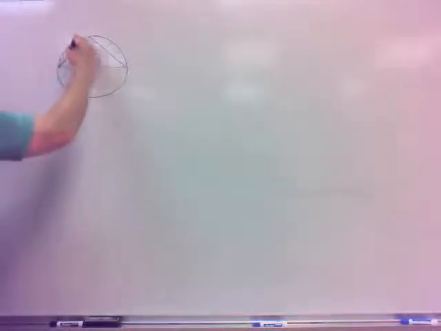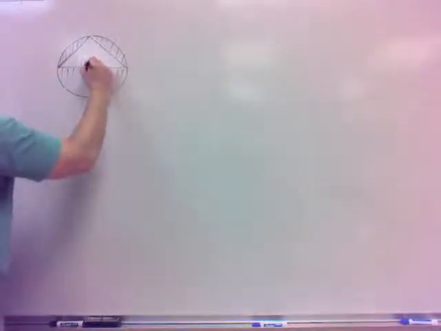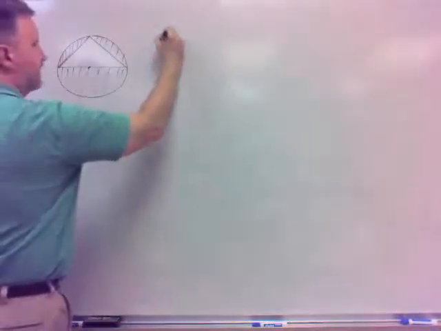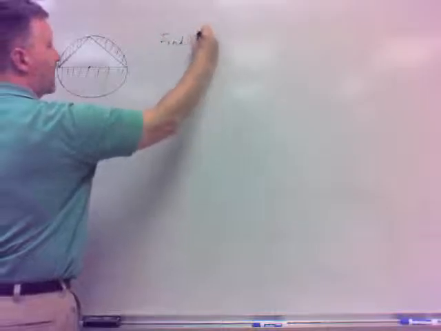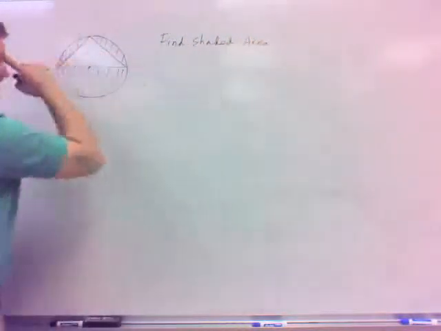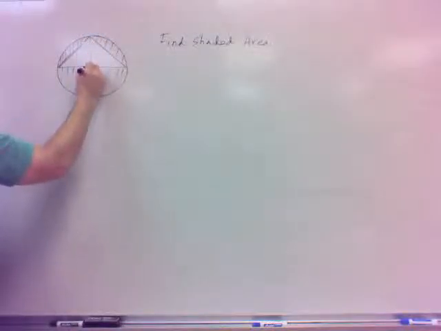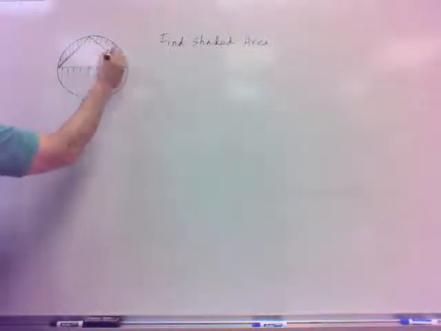But here's what I want to think of it as. I want to find the shaded area if this little measurement right here, which is to the center, is 7 inches.